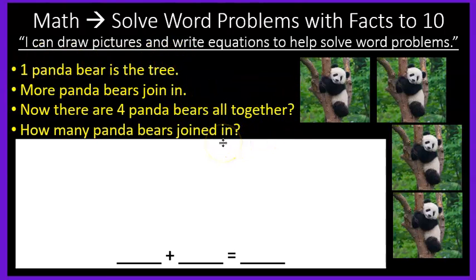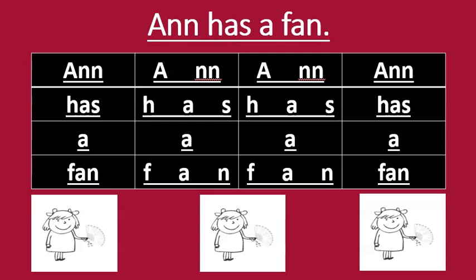Okay? This is your word problem. And I want you to try and read these sentences yourself. Remember, break apart the words, just like how we did in our reading slide here, okay? You see how we broke the words apart? And then we brought it back together.